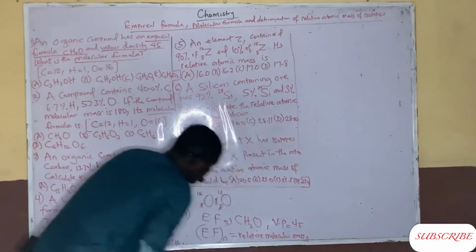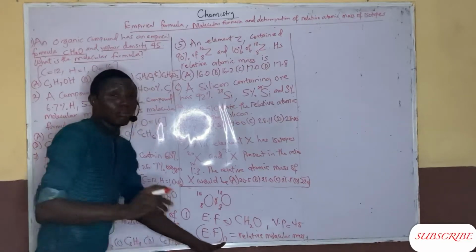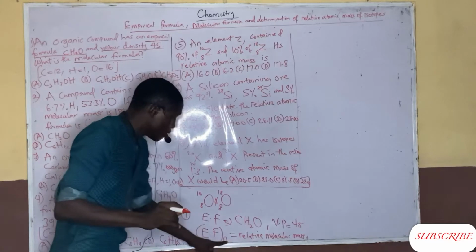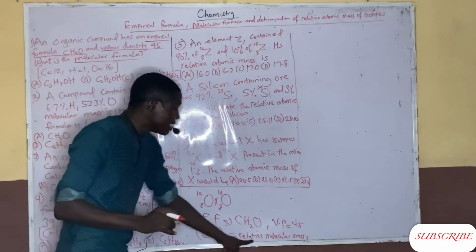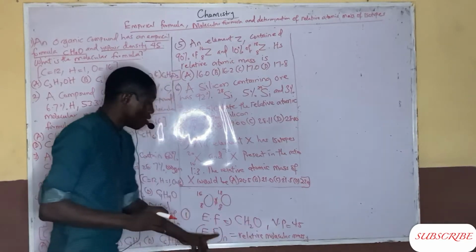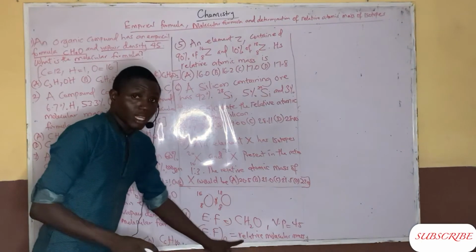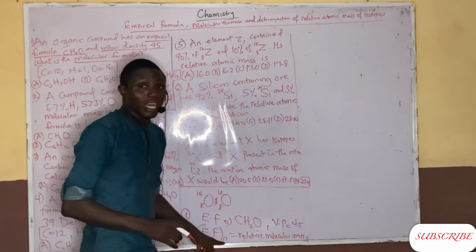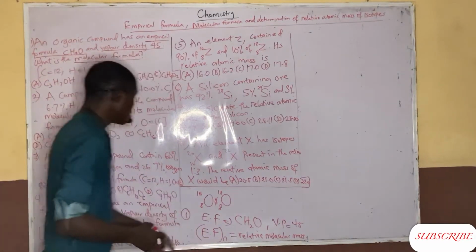Now we are going to multiply this EF by N, and this N represents the multiple of the molecular formula. So we use N to multiply the empirical formula and equate it to the relative molecular mass of the compound. When we carry out this process, we are going to obtain the value of N. Then we use that N to multiply the empirical formula to get the molecular formula. So let's carry out the process.